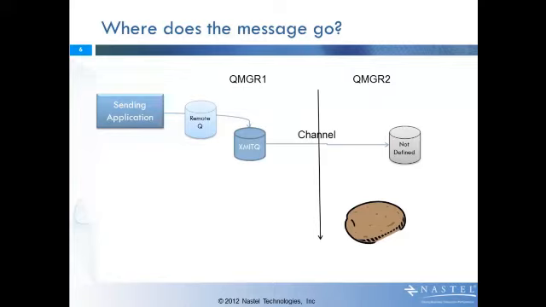That goes on the remote queue. MQ puts it on the transmission queue. Once that's accepted, it can't turn around and say nope. It has to continue to push it down to the channel. The channel takes it, transmits it over to the other queue manager. And once the channel accepts the message and it's on its side, it has to do something with it, right? So it's like a game of hot potato.